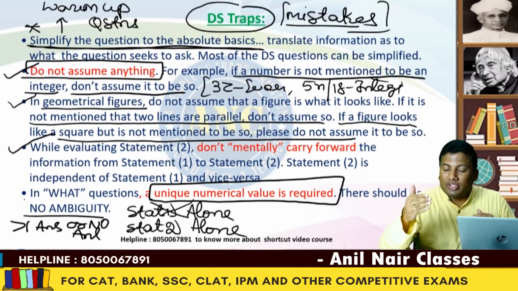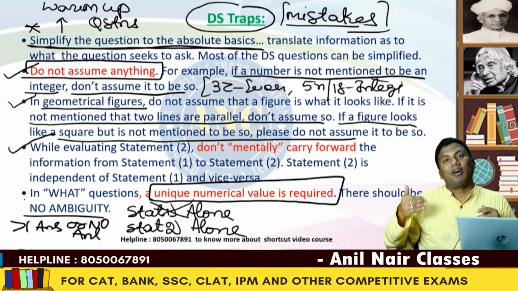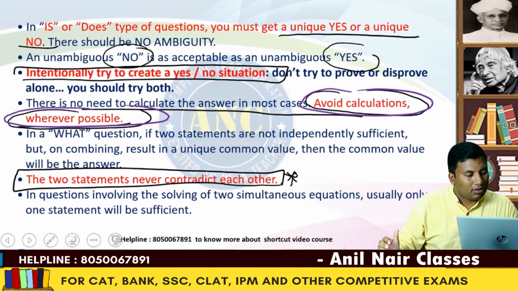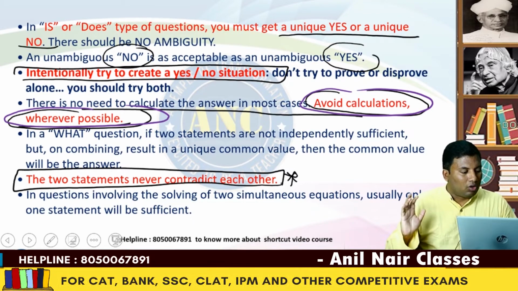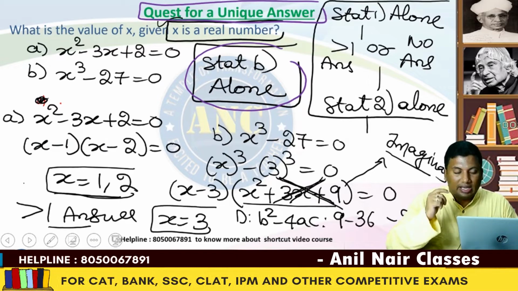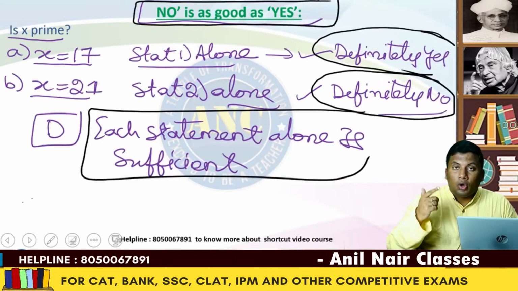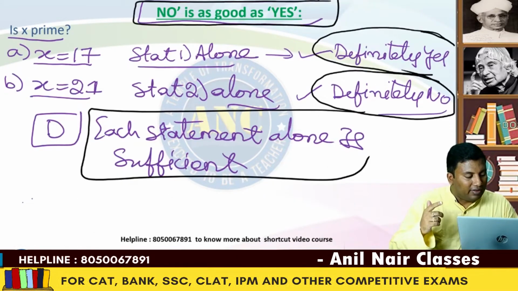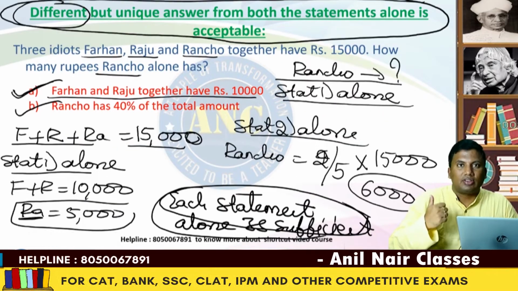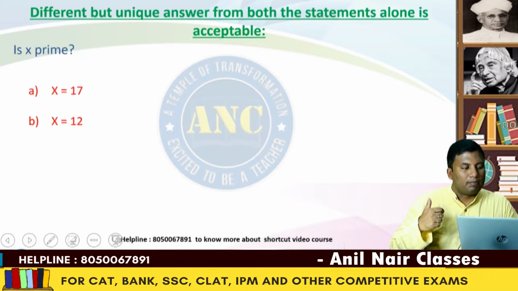If we are doing statement 1 alone, you will not carry forward statement 2. If you are doing statement 2 alone, you will not use statement 1. Definite no: all the varieties of questions I solved. Unique answer is one variety. No is as good as yes, which we already did. Different but unique answers, the 3 Idiots characters example. X prime number, definite yes.